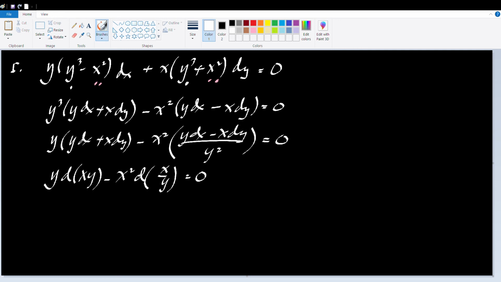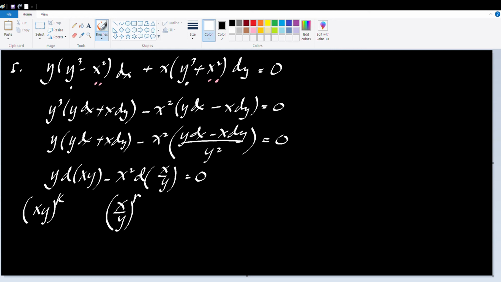If ever there should be a coefficient of the differential of xy, it must be xy raised to some power k. Same thing can be said about the coefficient of the differential of x over y. If ever the differential of x over y should have a coefficient, it should be a power of x over y raised to some power r.